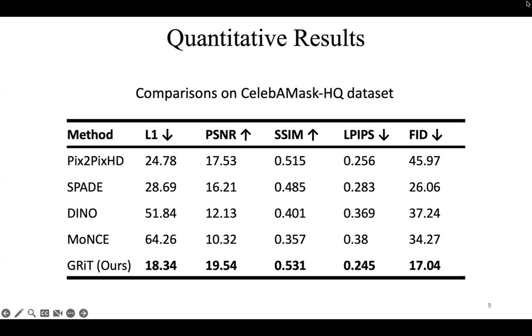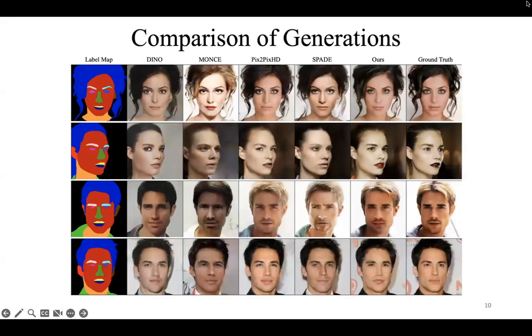Here we show quantitative results on commonly used metrics for image-to-image translation, which include L1, PSNR, SSIM, LPIPS, and FID. We show these results on the CelebAMask-HQ dataset. As can be seen, GRIT shows better performance across all metrics. Next, we also compare with other approaches qualitatively.